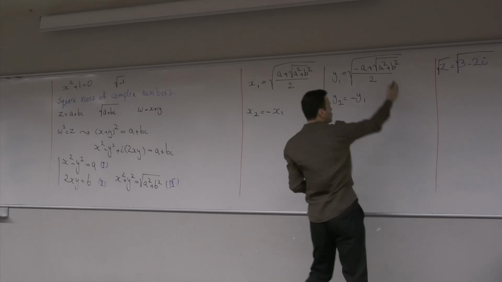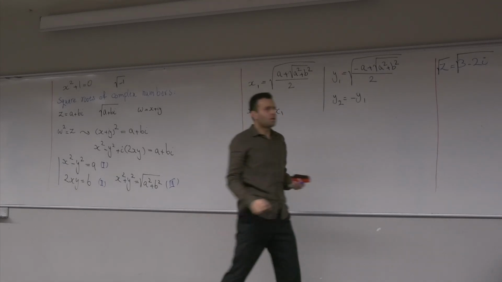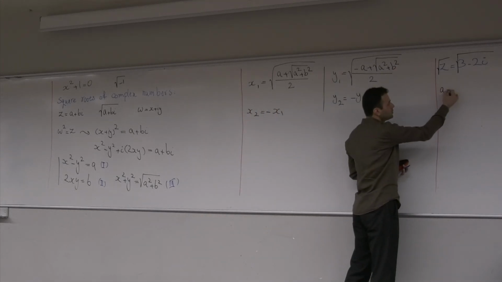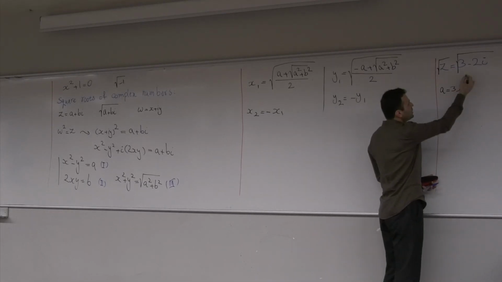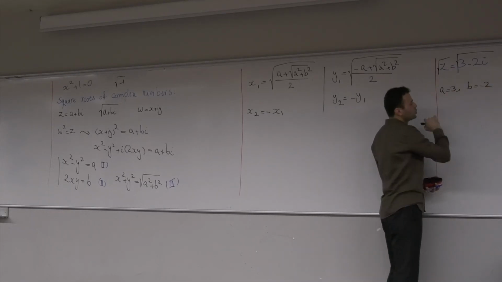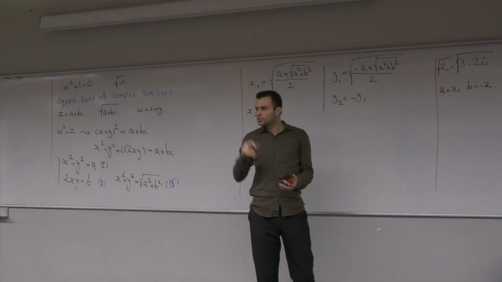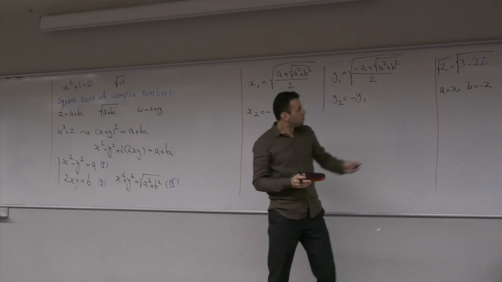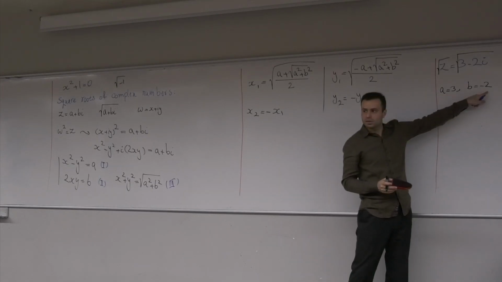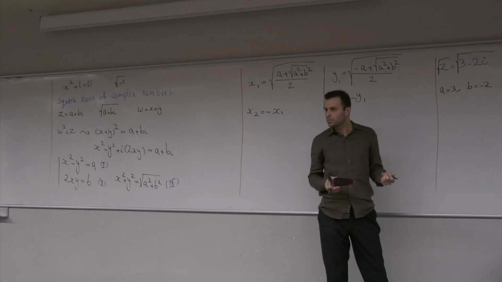What are these values going to be for us? What is the value of a here? A is 3, right? What is our b? Minus 2. So what is a to the power of 2 plus b to the power of 2? 9 plus 4, right?